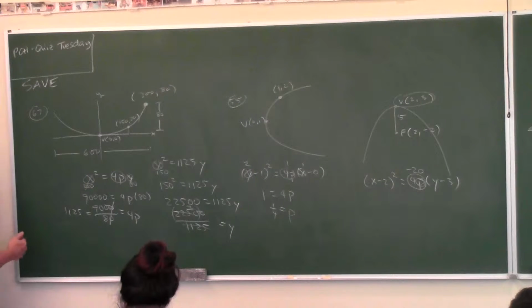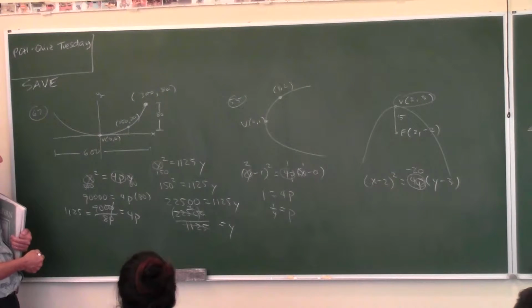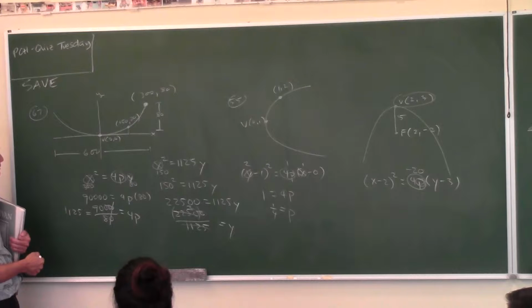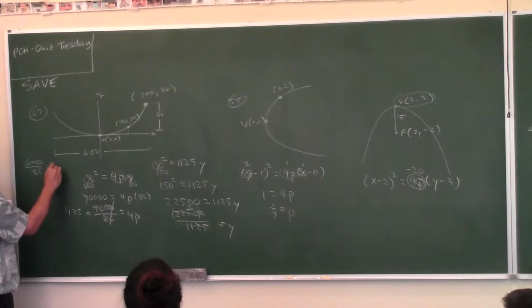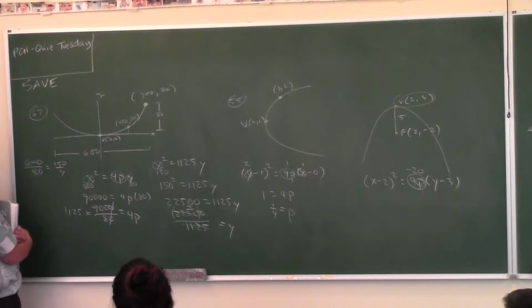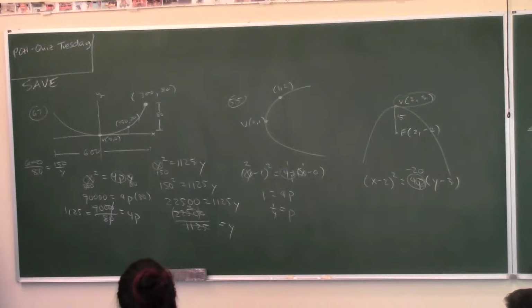I did 600 over 80, 150 over y. And it came out to 20?